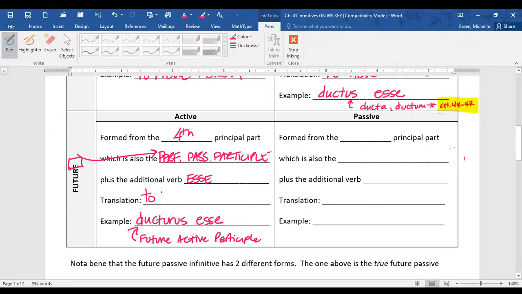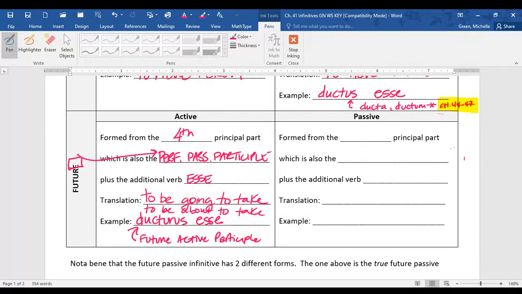It's in the future, so we're going to say to be going to take, to be about to take. And I know that those sound awful, and you're probably thinking, when would I ever use that? Just in general, it's not a very commonly used form as an infinitive in either English or Latin.